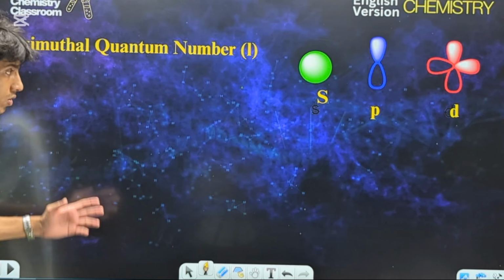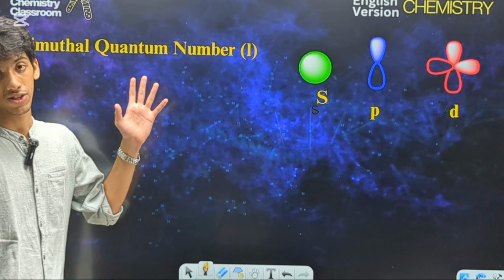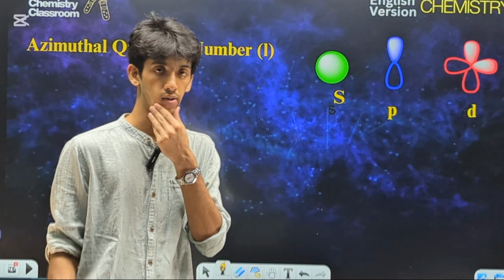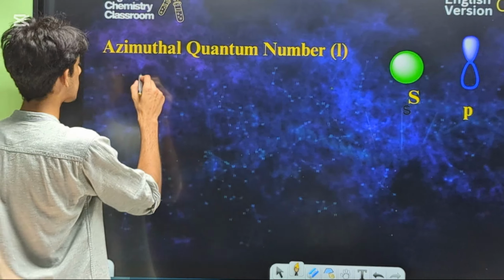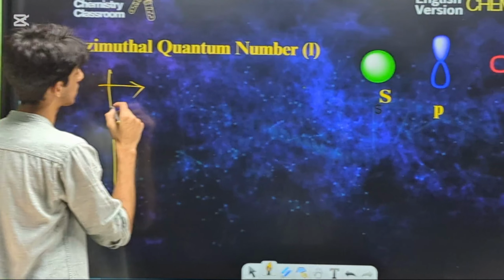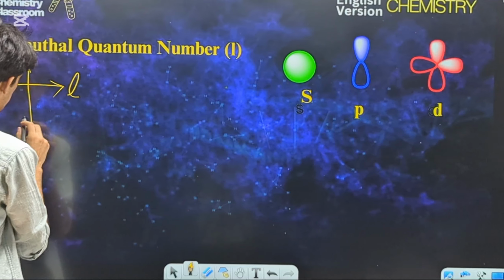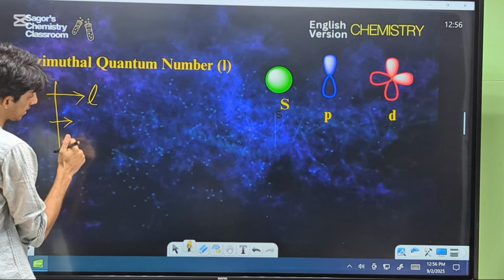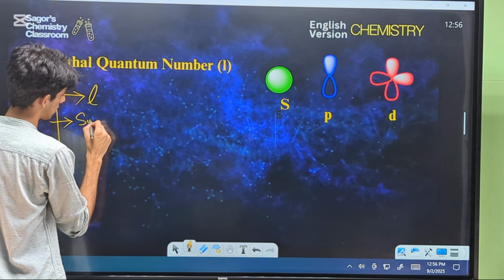The second type of quantum number is called the azimuthal quantum number. It is indicated by the small letter L, and it was invented by the scientist named Sommerfeld.